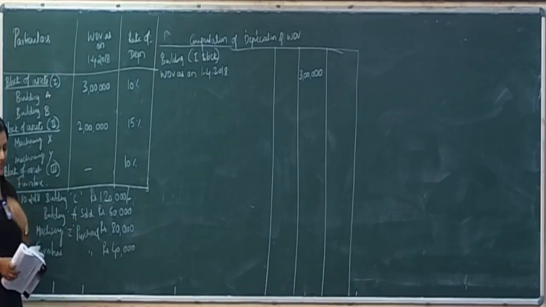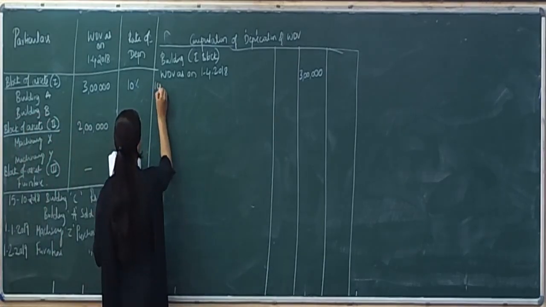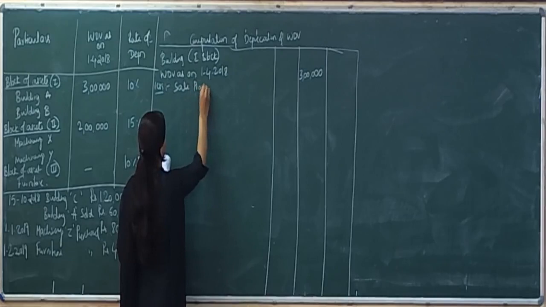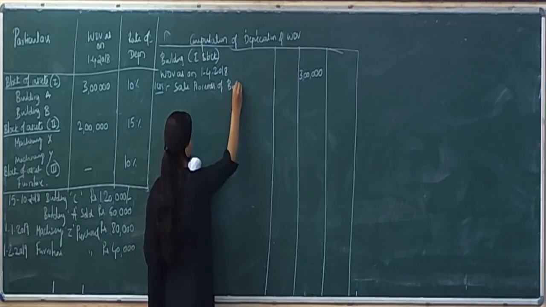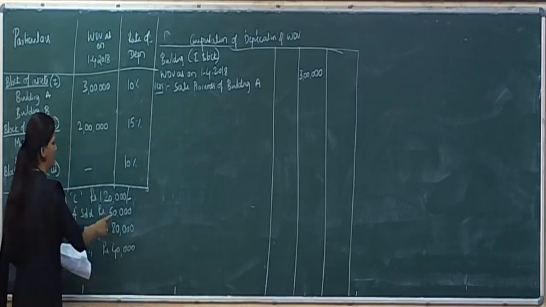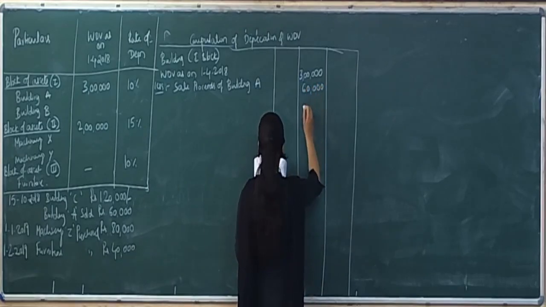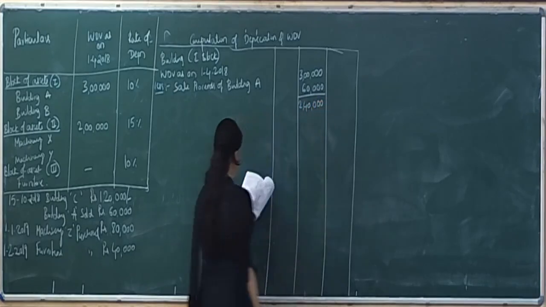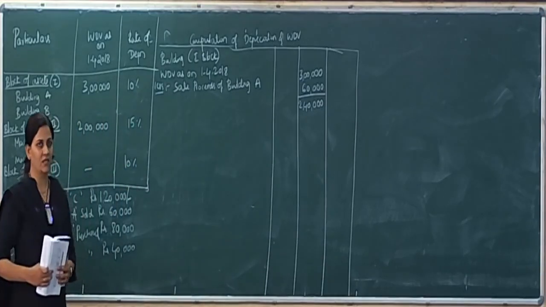Before adding the purchases, you should always write whether there is any sale. So, sale proceeds of building A is rupees 60,000. That comes to 2,40,000.